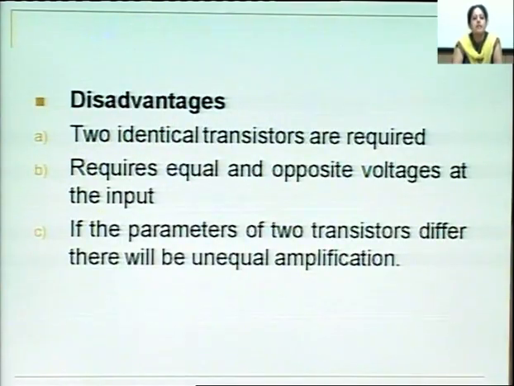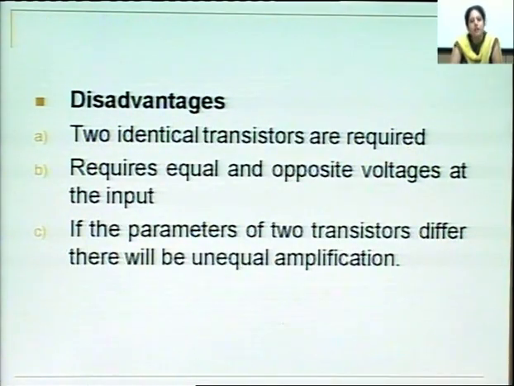Now the disadvantage of the class B push-pull amplifier is that two identical transistors are required. Considering this in basic detail, even if the same manufacturer provides two transistors with the same specifications, practically the transistors can vary in some specifications with respect to voltage or current.